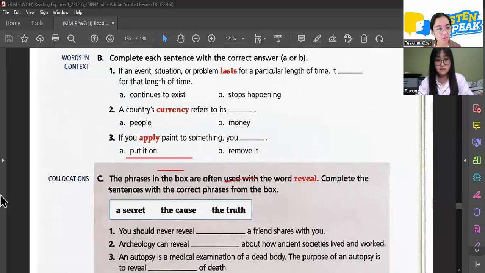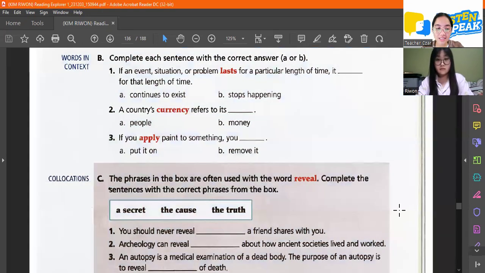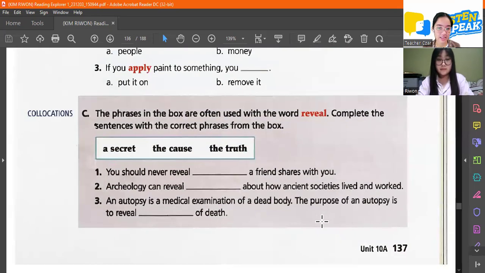So here we will be having words that are used in the context of the word reveal. We need to complete each sentence with these words or phrases. So you have the words a secret, the cause, and the truth. Are you ready to have this one? Yes. Okay, let's try it.